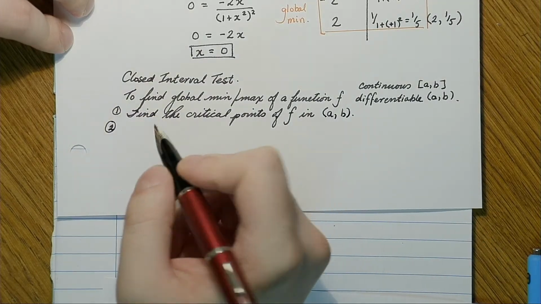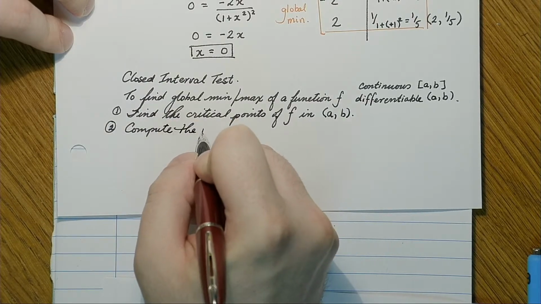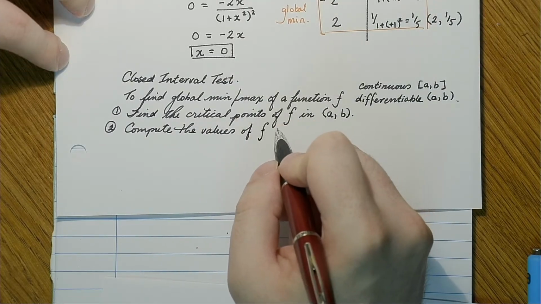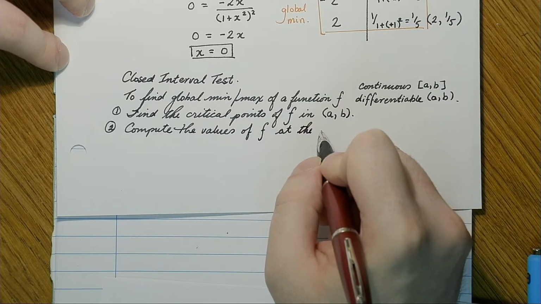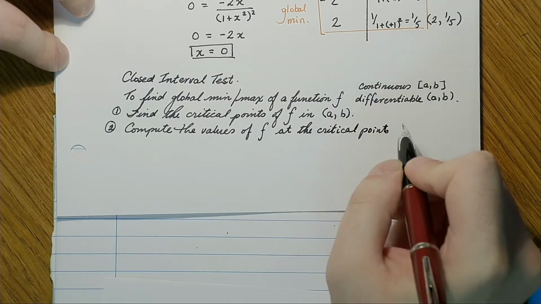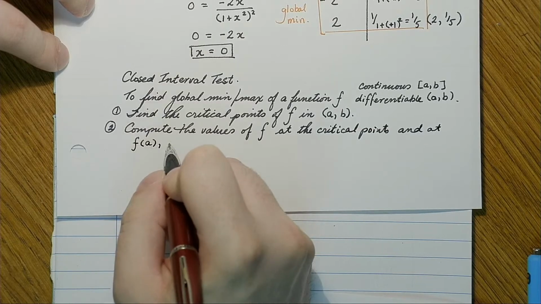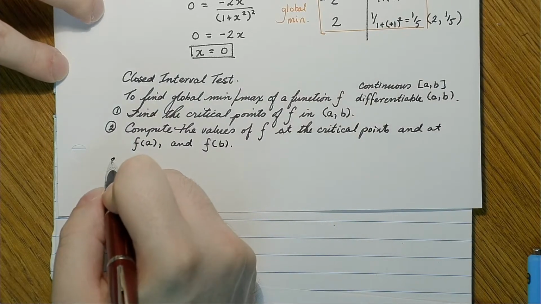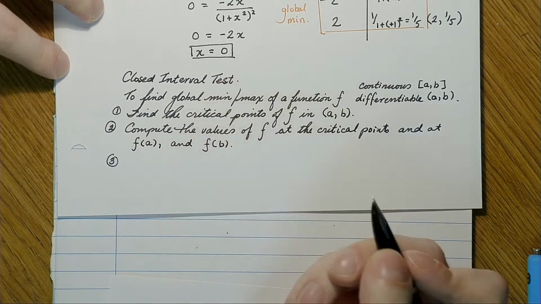Then the second thing is we compute the values of f at the critical points, and f at A and f at B. Then we made that table of values, and you just read off from it. You just pick the largest value.